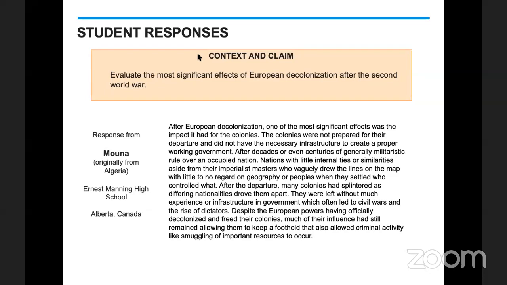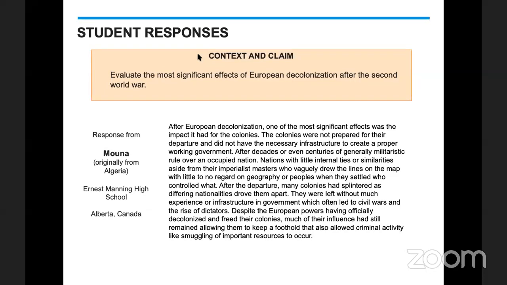After the departure, many colonies had splintered as differing nationalities drove them apart. They were left without much experience or infrastructure in government, which often led to civil wars and the rise of dictators. That part, up to that point, is really well done for context.